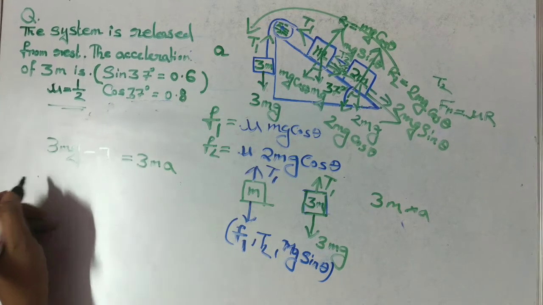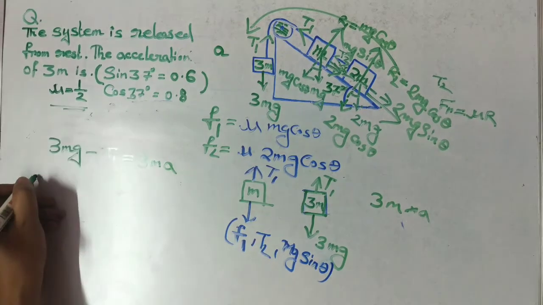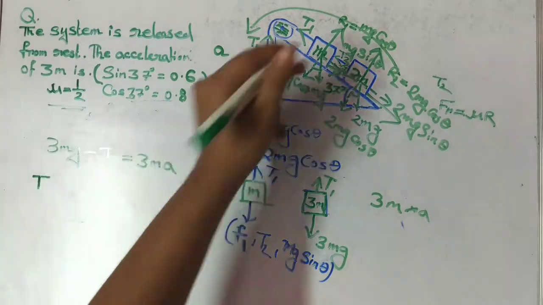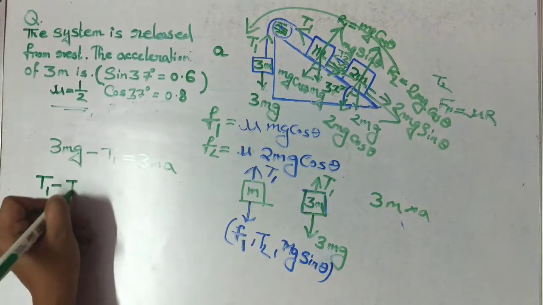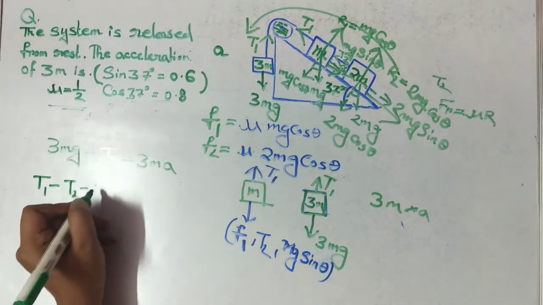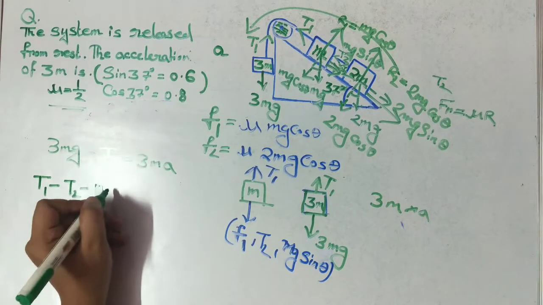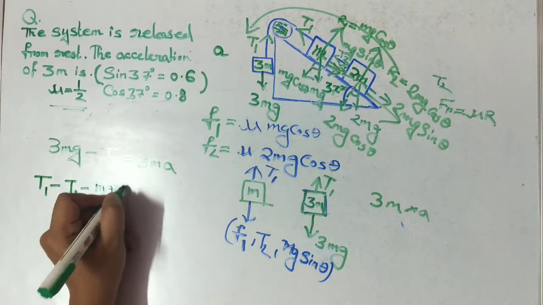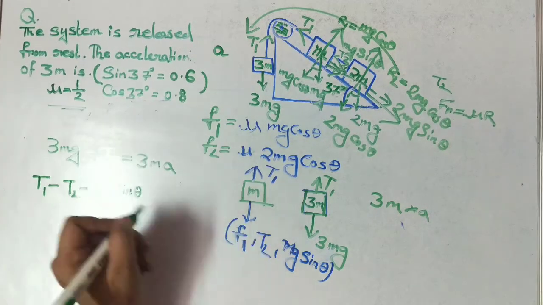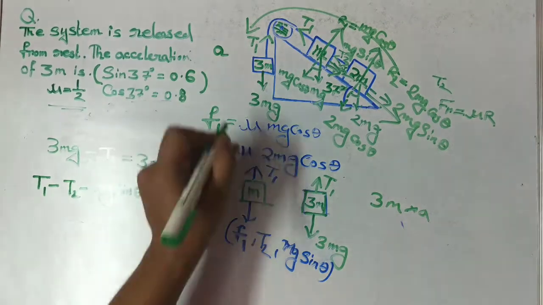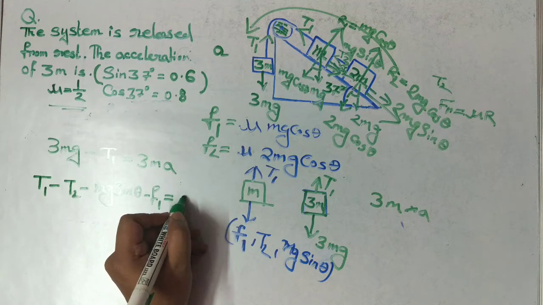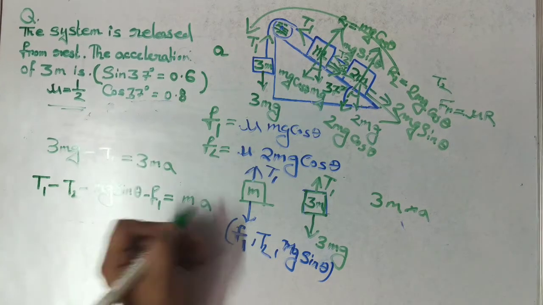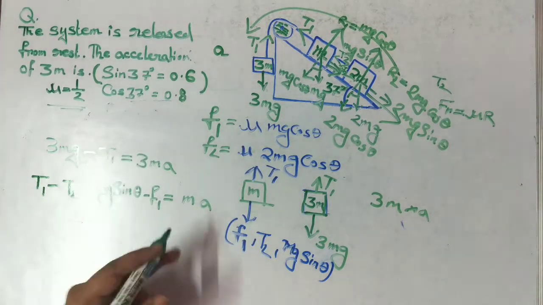We can write: T1 minus T2 minus mg sin theta minus F1 equals ma. So this is equation number 2.